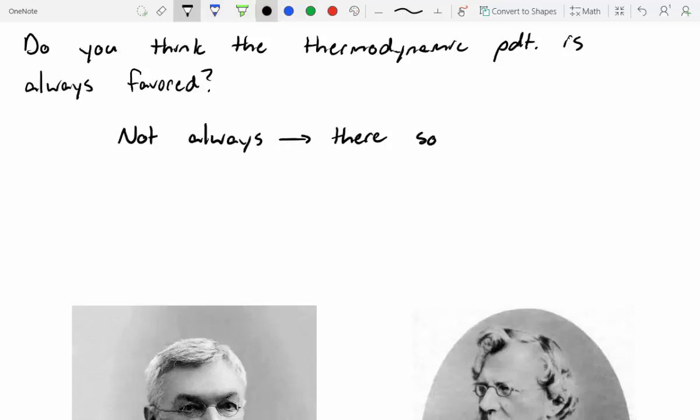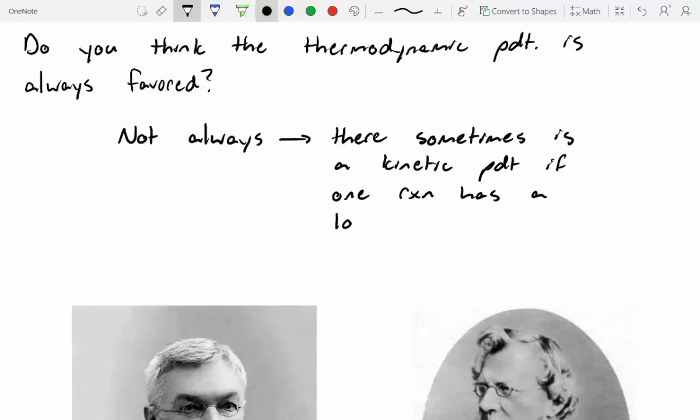There sometimes is a kinetic product if one reaction has a lower activation energy. This is a really important theme.